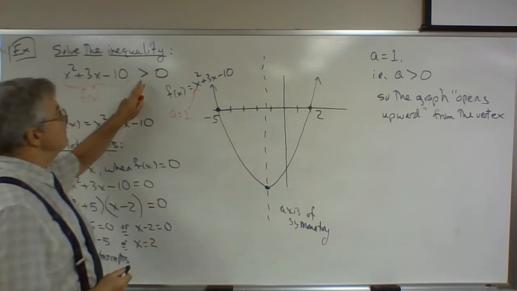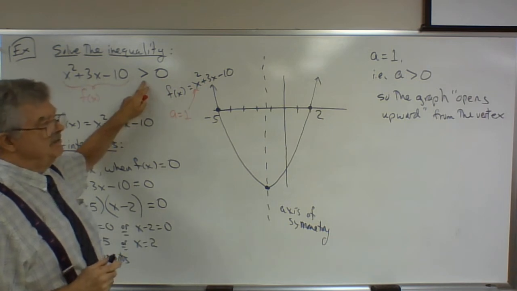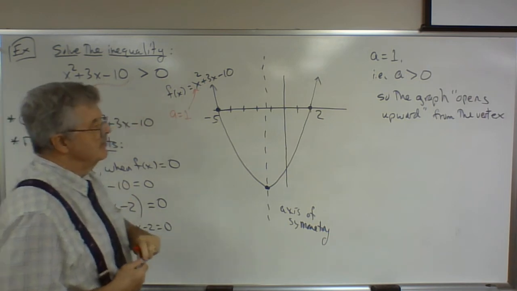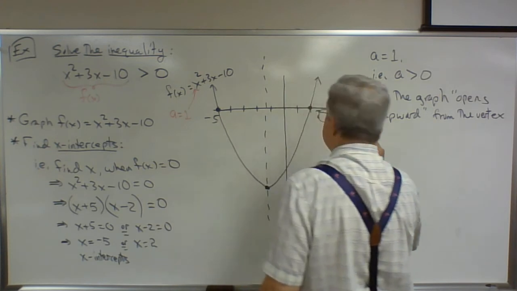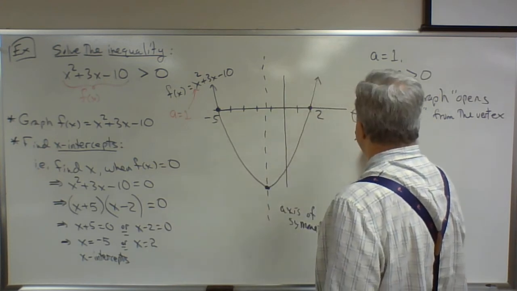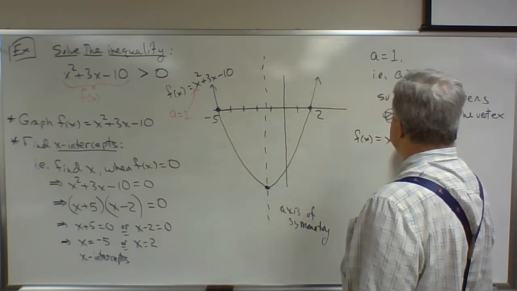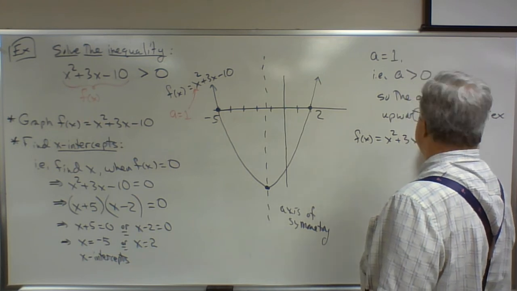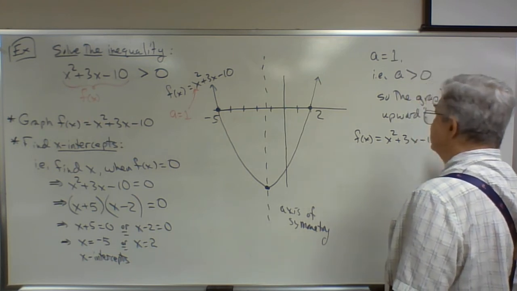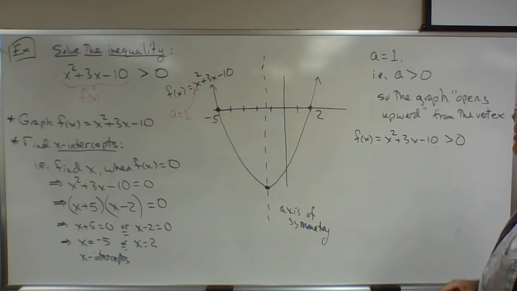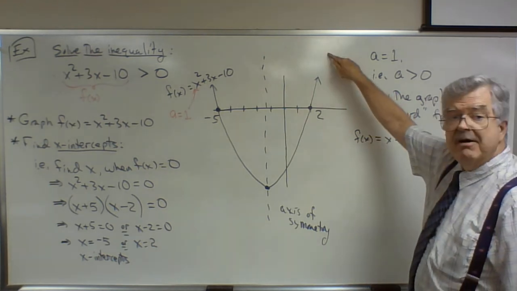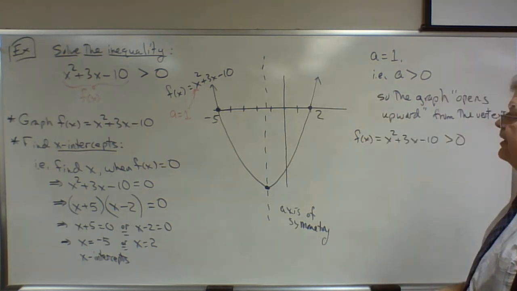So, and let me answer this question correctly this time. f of x equals x squared plus 3x minus 10 is greater than 0 wherever the graph is above the x-axis.